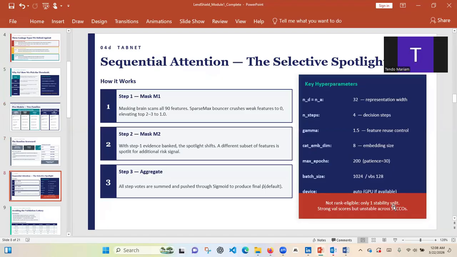So when I went to the masking, this is how the selective spotlight works, the sequential attention. In step 1, the masking scores all 90 features. And then the sparsemax crushes weak features to 0, elevating 2 to 3 to 1.0.